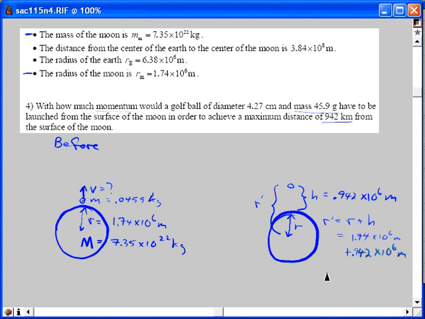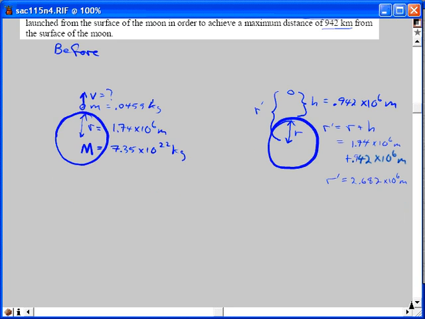Alright, so r prime, that adds up to 2.682 times 10 to the 6 meters. R prime is just 2.682 times 10 to the 6 meters.